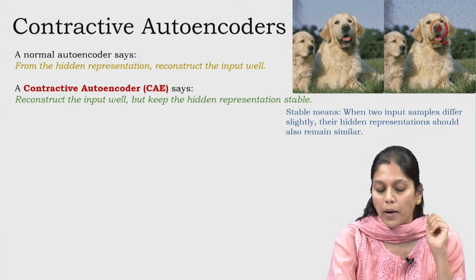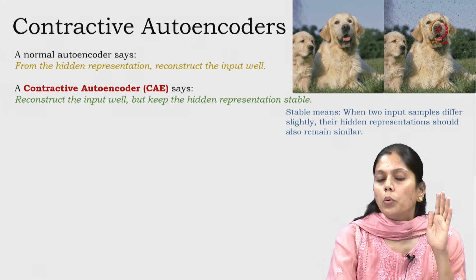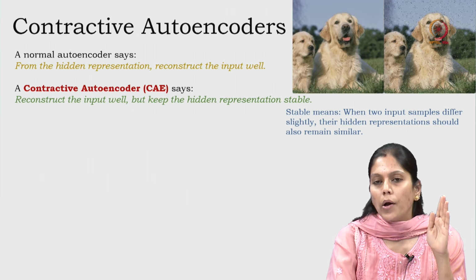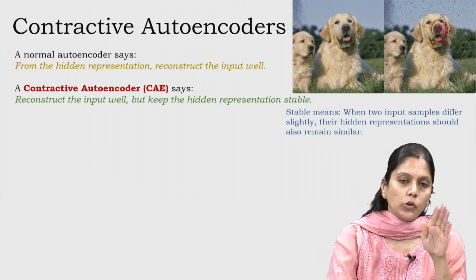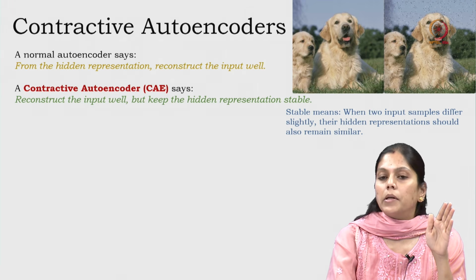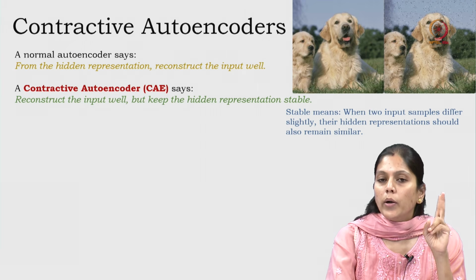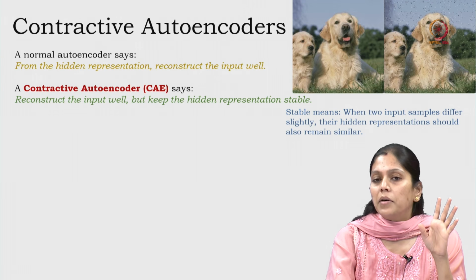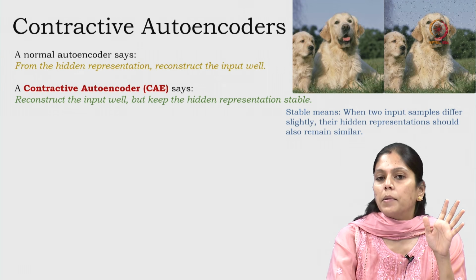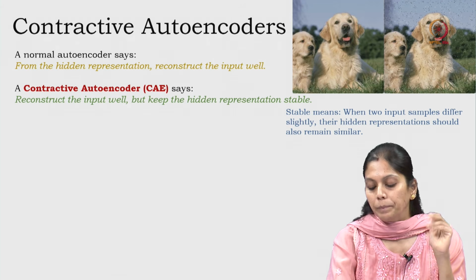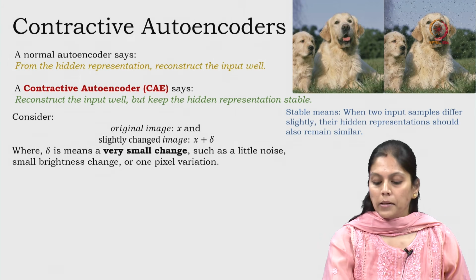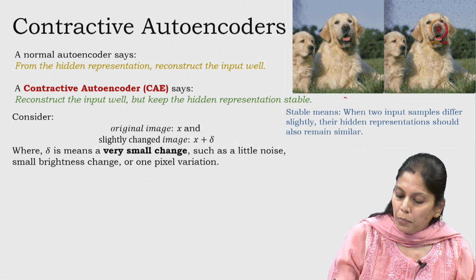That is our requirement. So, the contractive autoencoder mainly focuses on, of course, reconstruction has to be there, but keep the hidden representation stable. The meaning of stable here is when two input samples differ slightly, their hidden representation should remain similar. Now, let us take this as the original input x.